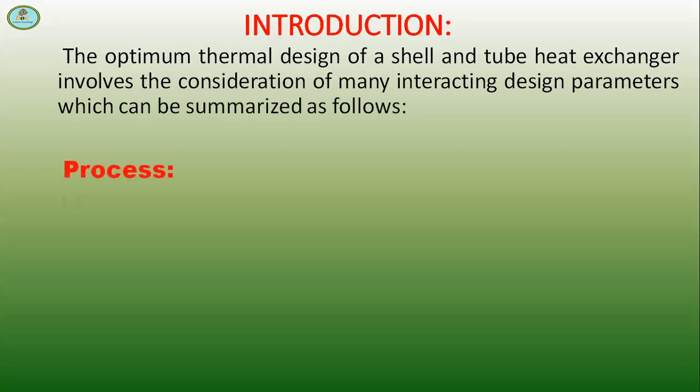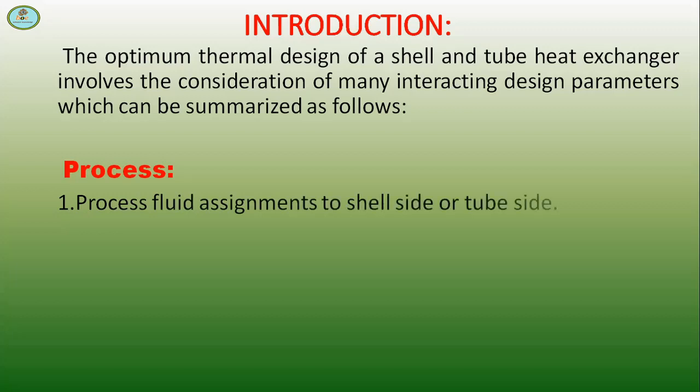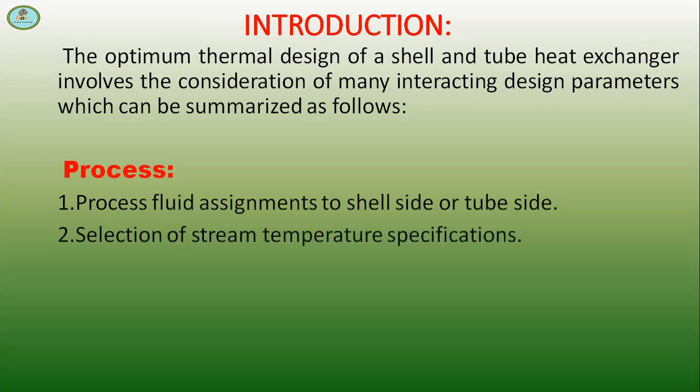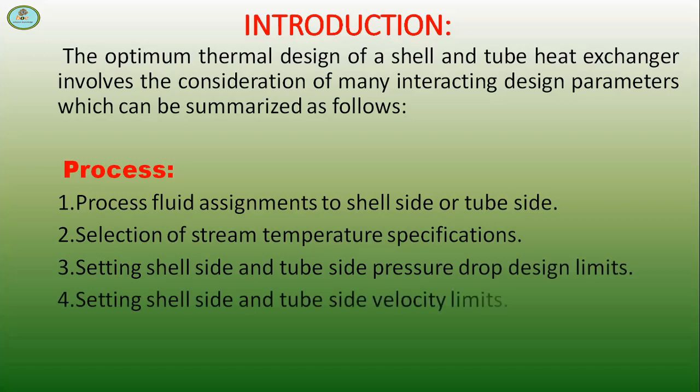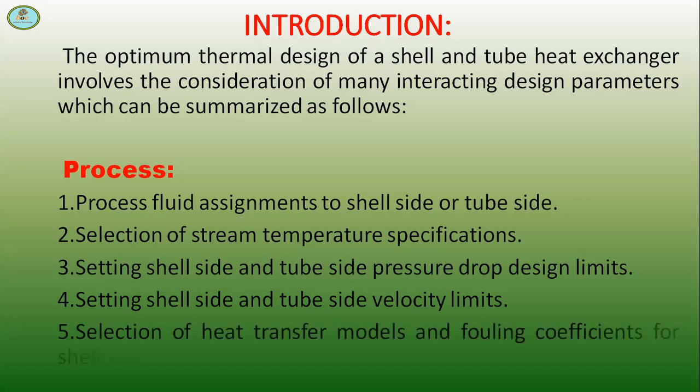Process: fluid assignments to shell side or tube side, selection of stream temperature specifications, setting shell side and tube side pressure drop design limits, setting shell side and tube side velocity limits, selection of heat transfer models and fouling coefficients for shell side and tube side.